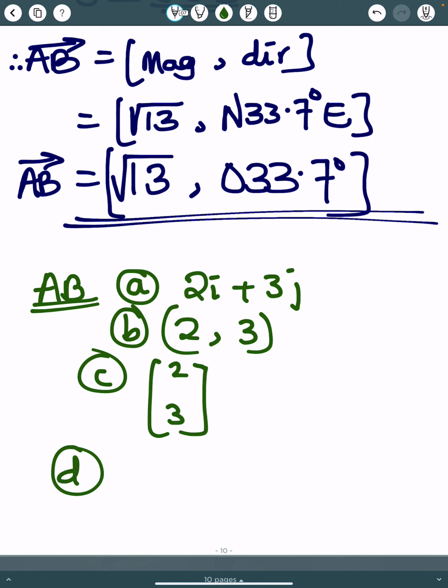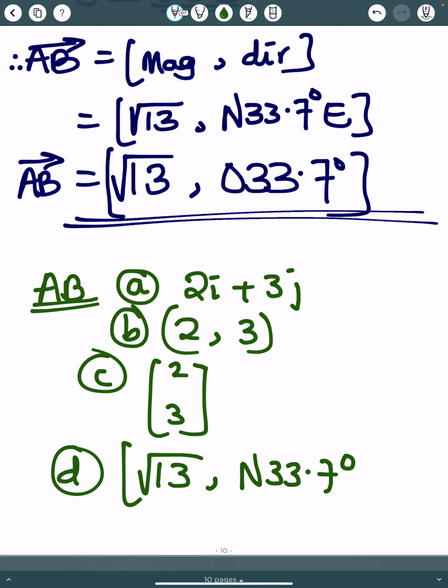Then the last is in the polar form, which is AB is equal to root 13, north 33.7 degrees east. This is how to express a vector in different ways. We'll do 1 or 2 more examples and you do the rest yourself.